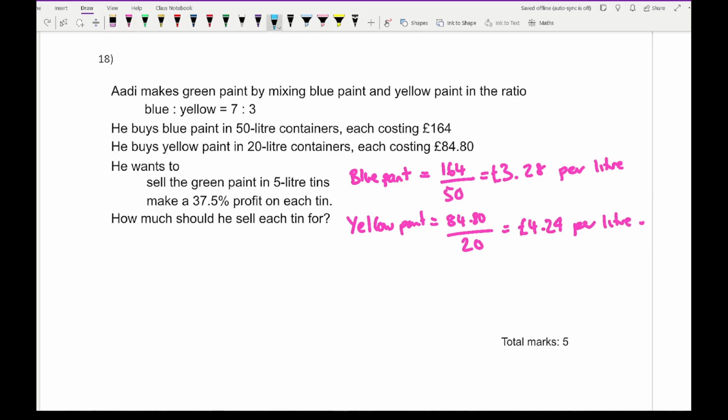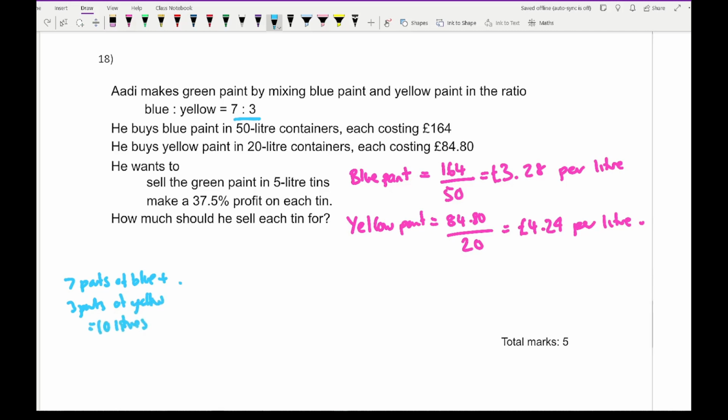Now the next thing we want to do is work out the price for 10 litres, because adding the parts up, that becomes 10 litres. So looking at this, 7 parts of blue plus 3 parts of yellow equal 10 litres.